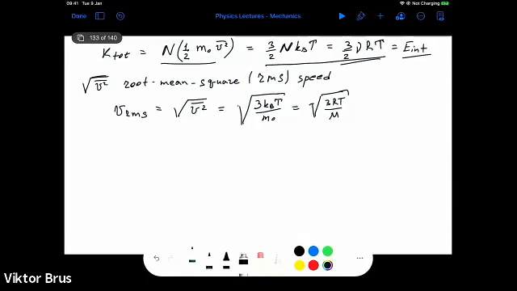So this is also an important equation which you should keep in mind, because very often in problems based on kinetic theory of gases, it's necessary to calculate this root mean square, and you can do it by knowing the molecular weight and temperature of the gas which you deal with. R is a constant, so we know its value.